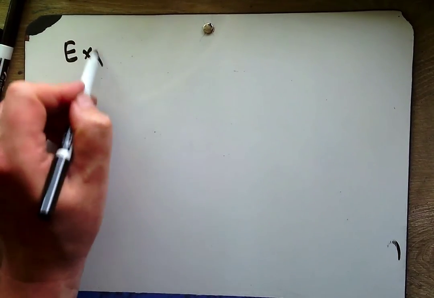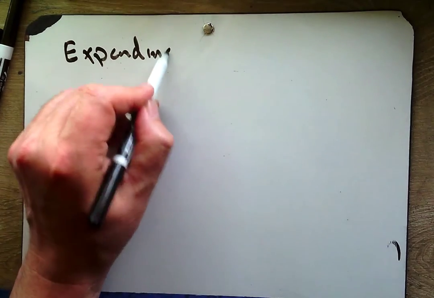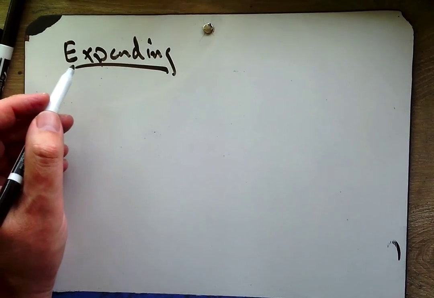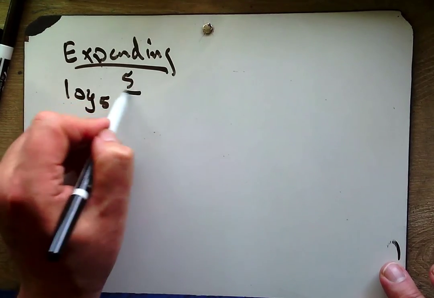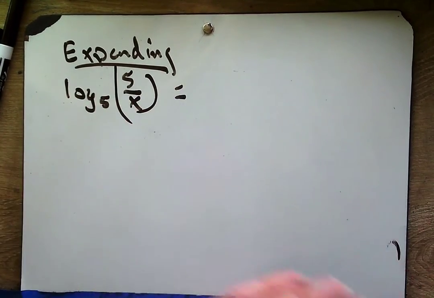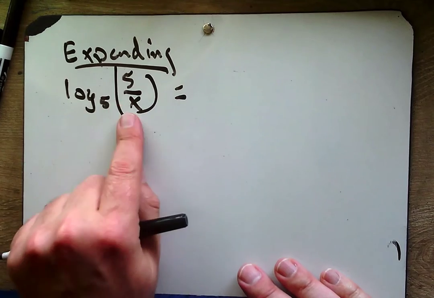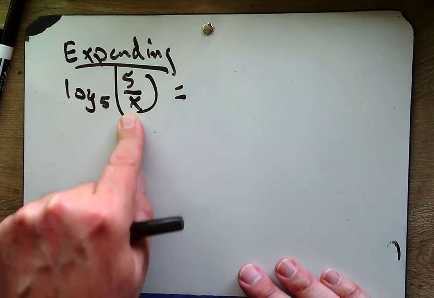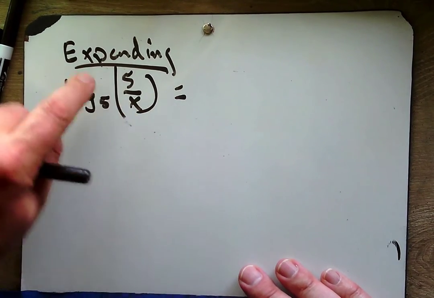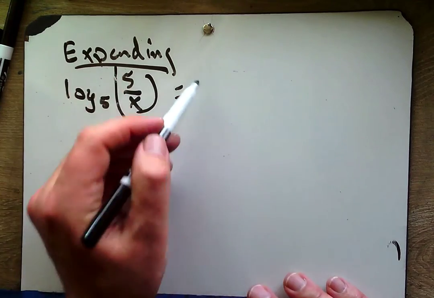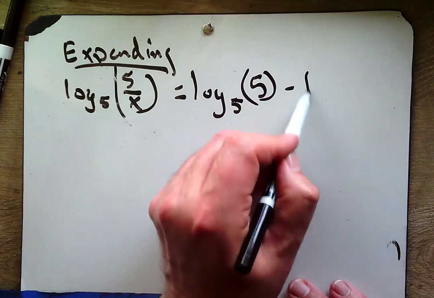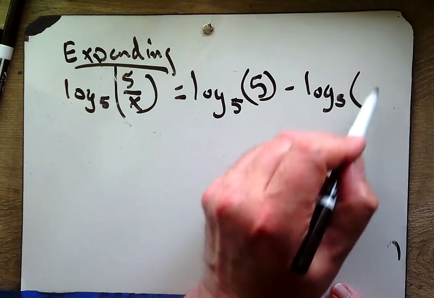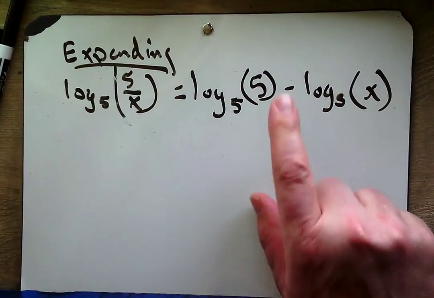Okay, let's try expanding. Log base 5 of 5 over x. Well, hey, this kind of looks like that quotient property we were just talking about. I've got division here. That means I can break this up into 2 logs joined with subtraction.